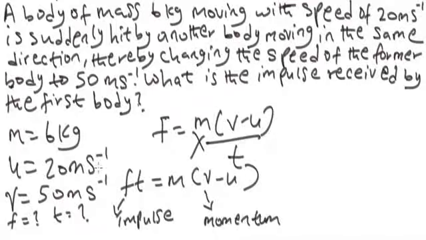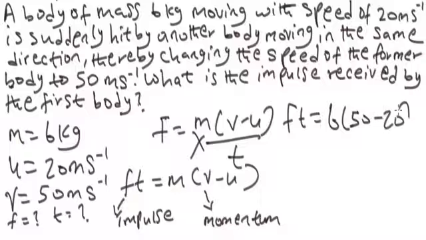So from this expression, that means Ft, which is the impulse, will be the change in momentum. We have the mass to be 6 in brackets, final velocity 50 minus 20. So when you simplify this, 50 minus 20 is going to give us 30.